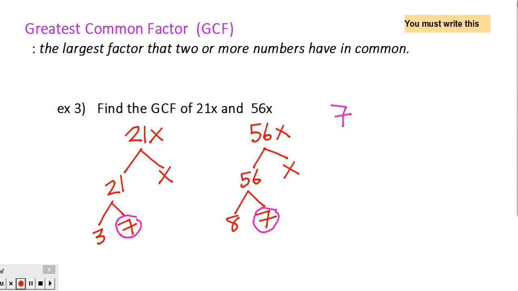And this time there's another one. They both have x in common. So for your answer, the greatest common factor of 21x and 56x is not 7 and x. You got to multiply the 7 and the x that they have in common. So 7 times x is equal to 7x.